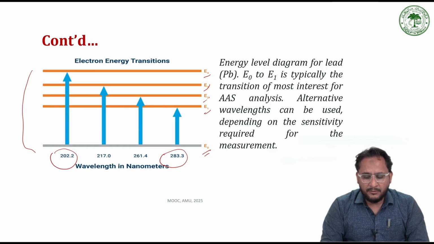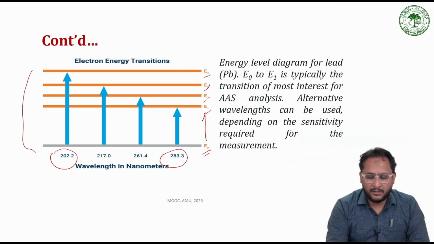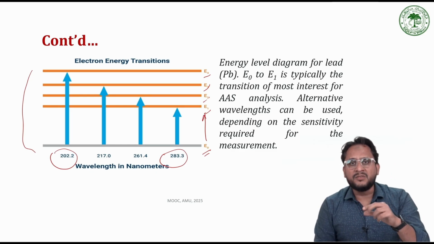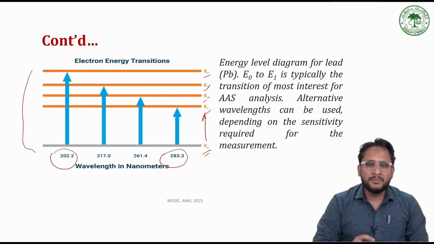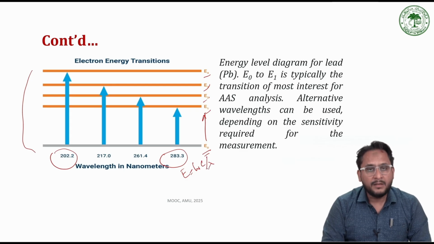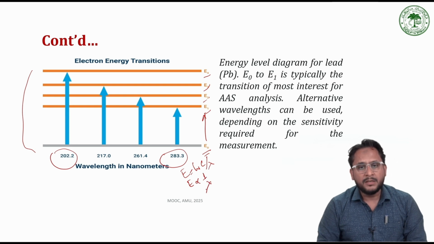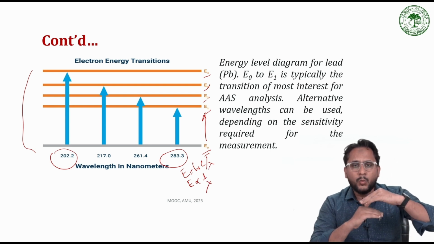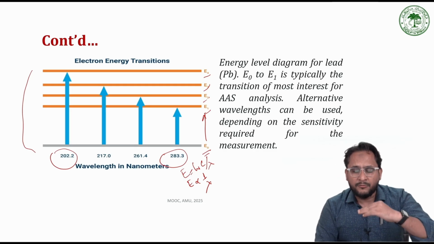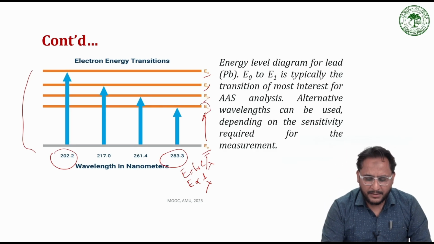This means that for a transition from E0 to E1, since the energy gap is small, light of lower energy is needed. And light of lower energy means it has a higher wavelength, because we have this equation E equals hc by lambda from Planck's equation. The energy is inversely proportional to the wavelength. So, if the energy gap is small, we need light of longer wavelength to excite the electrons from the ground state to that particular excited level.